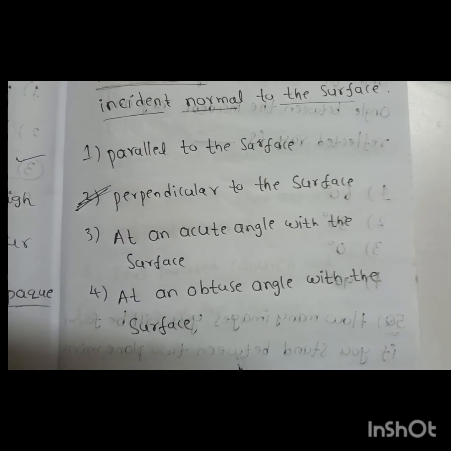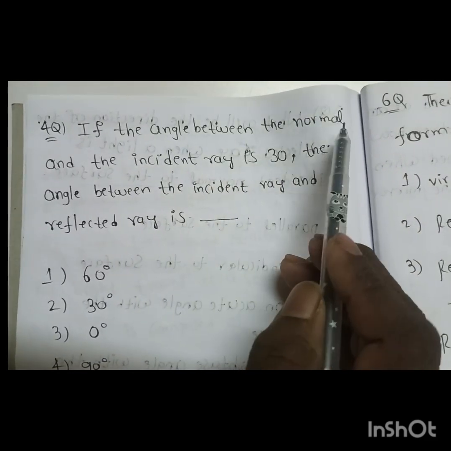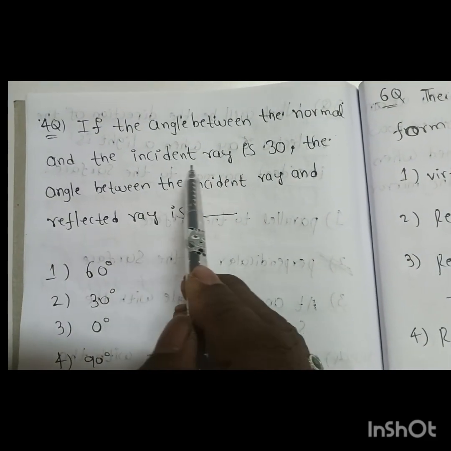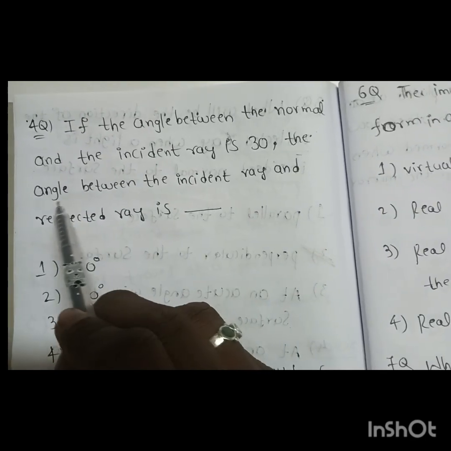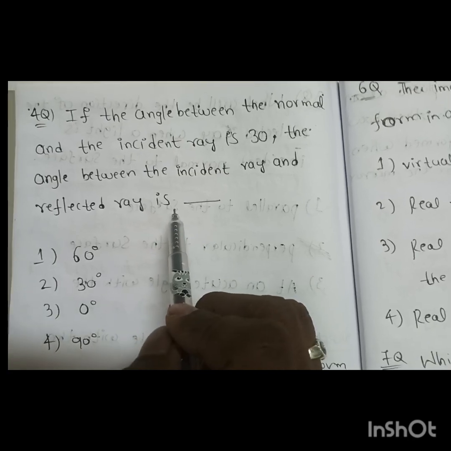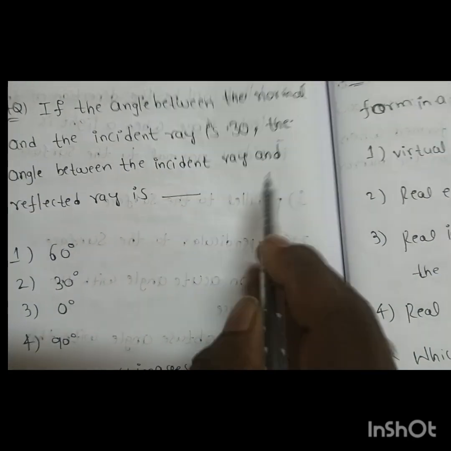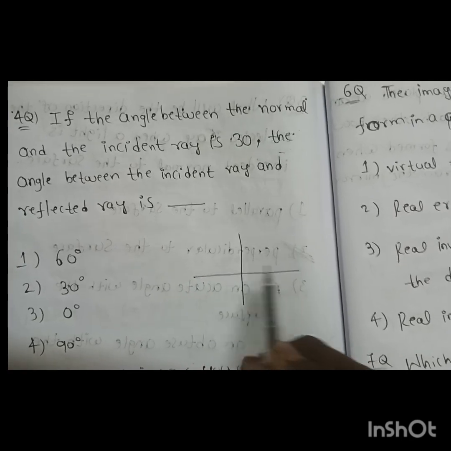Next question: if the angle between the normal and the incident ray is 30, the angle between the incident ray and the reflected ray is? You people already know about the surface and the incident ray.